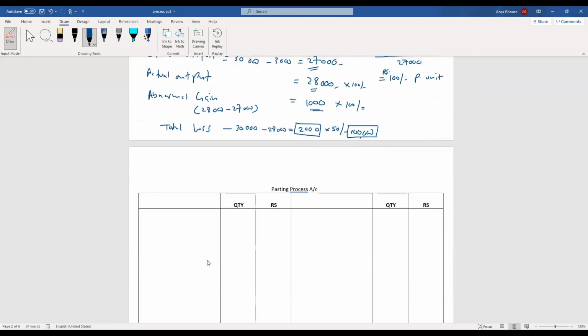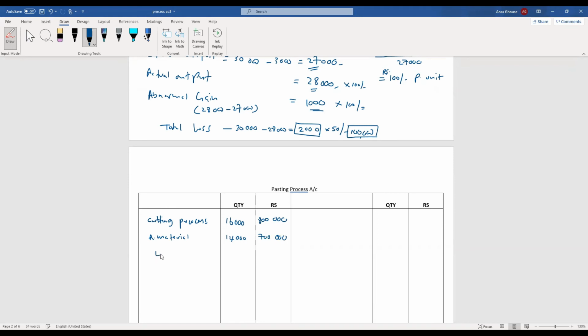So from the cutting process, we have 16,000, cost will be 800,000. Then added material 14,000, 700,000.